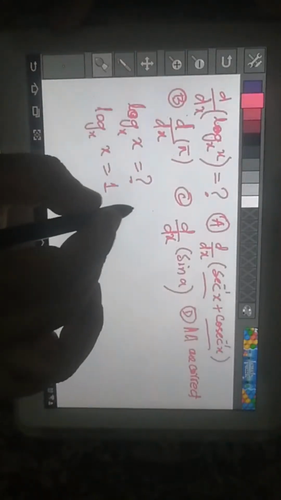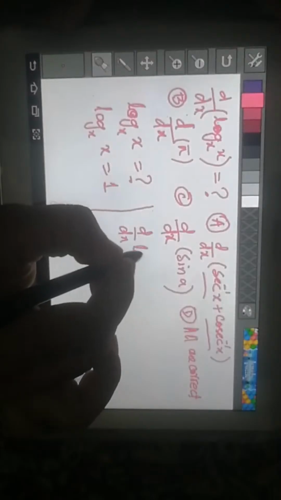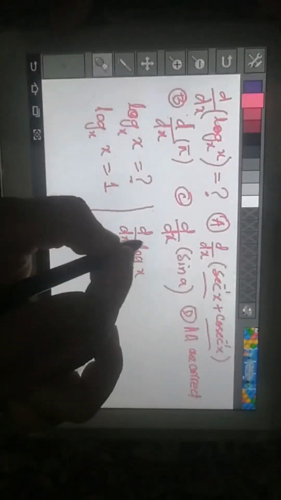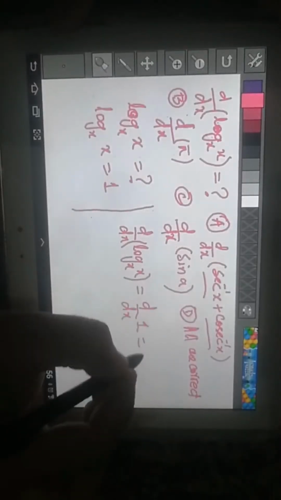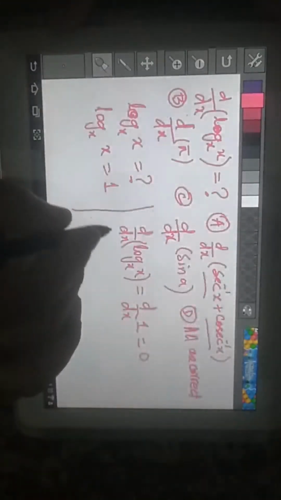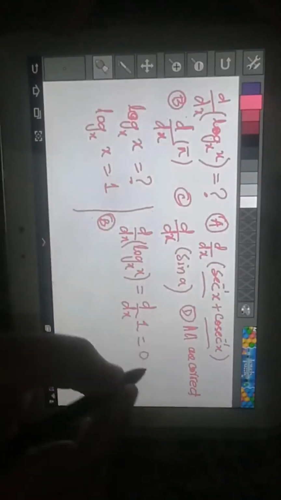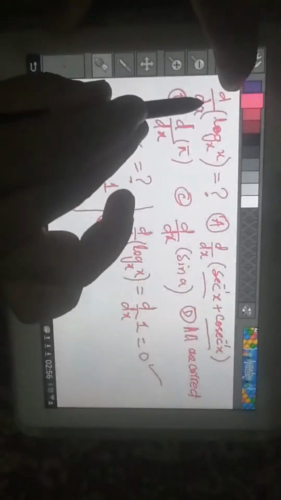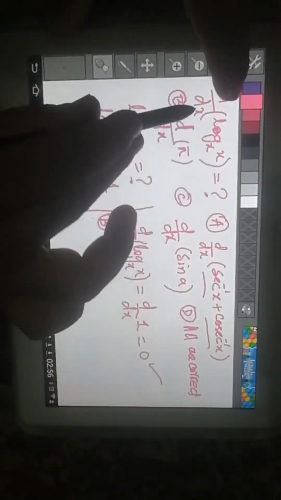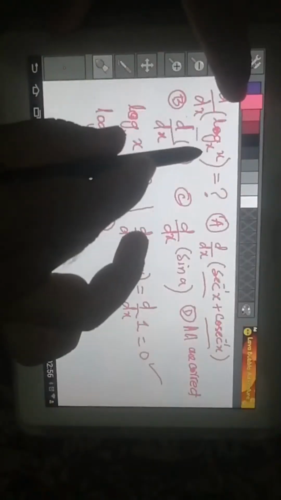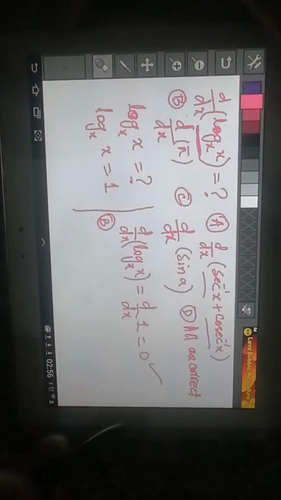So actually, this question is about the derivative of log to the base x of x. Actually, it demands the derivative of 1. Derivative of 1 is 0. Now, students, if we talk about option B, we evaluated the given function, its derivative. It is actually demanding the derivative of 1. We know that 1 is constant, its derivative is 0.